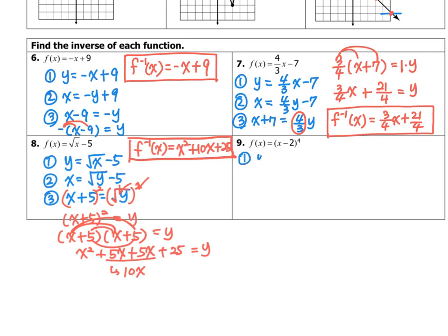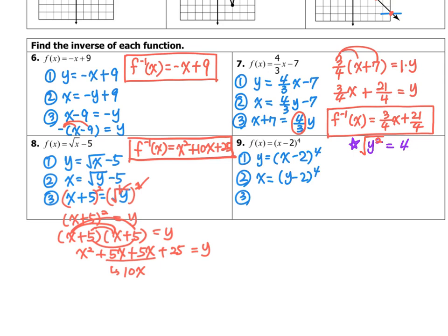First step, y equals x minus 2 to the fourth power. Second step, switch x and y. Now we're going to solve for y. Let's review quickly. If you have y squared equals 4 and we solve for y, what do we need to do? We need to put a square root in order to get rid of that square.